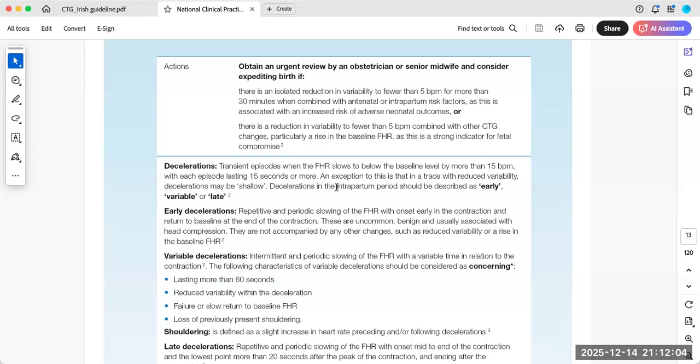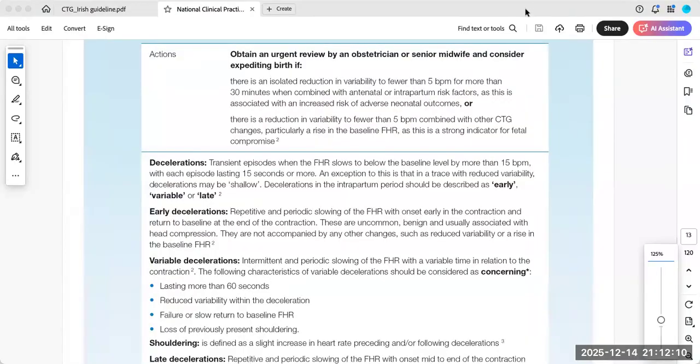An exception to this is that with a trace with reduced variability, the deceleration may be shallow. And deceleration in the intrapartum period should be described as early, variable, or late.